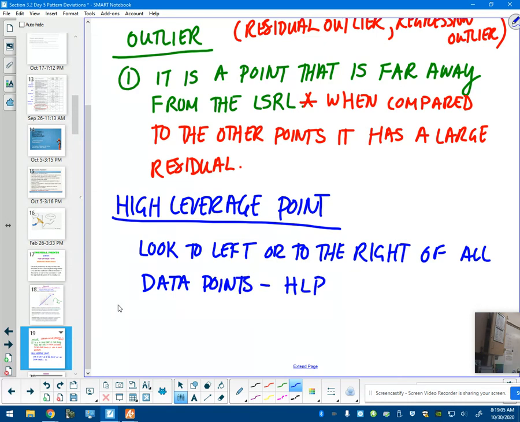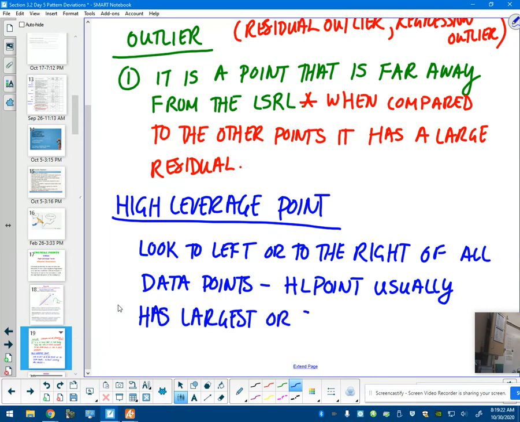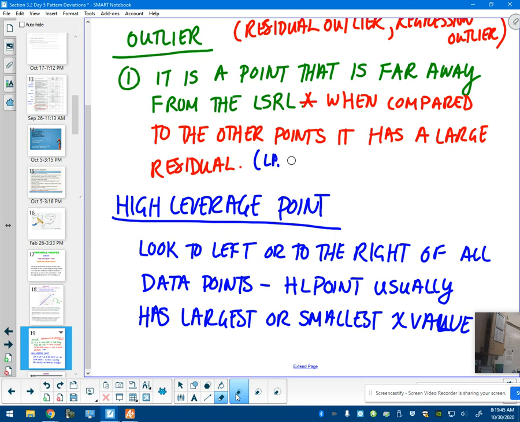A high leverage point usually has the largest or the smallest X value. So up here, having a large residual means what? Largest or smallest what value? Y value, right?